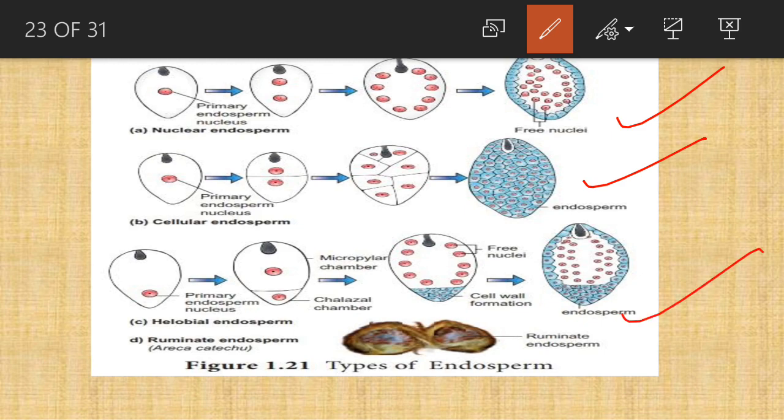The helobial type is an intermediate between the nuclear and the cellular type. First divisions are nuclear, and there is also cytokinesis which forms a cell wall around the nuclei. So these are the different types of endosperm formation.